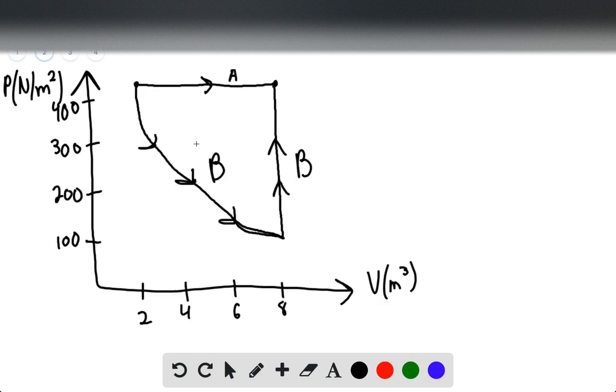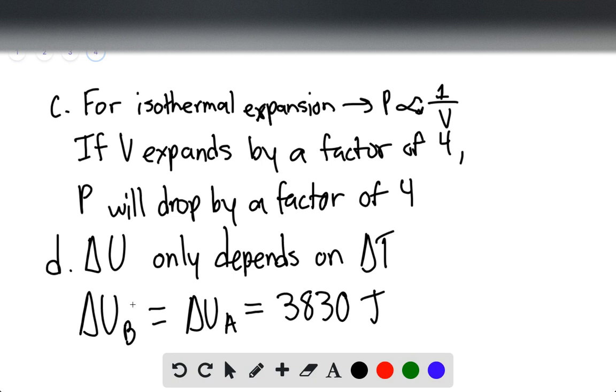Because both of these processes end up here at state 2, this dot right here, A takes a one-step route and process B takes a two-step route. However, the initial and final temperatures are the same for both of these processes. Therefore, the change in internal energy for process B will equal the change in internal energy for process A.